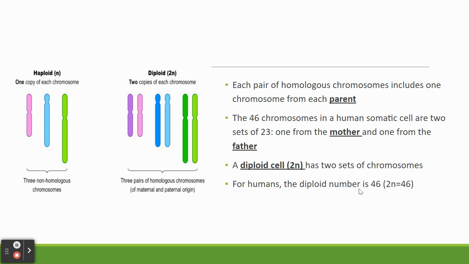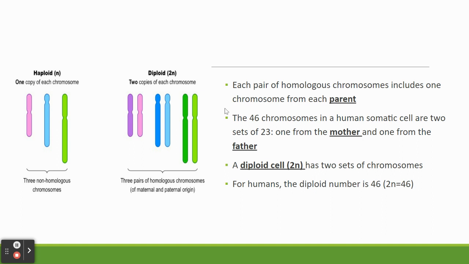A diploid cell is going to have 2 copies of each chromosome. We call it 2N. N is usually a chromosome. If there's 2, that means diploid. Di means 2. The stem di means 2. Hap means half. So that means you have 1 instead of 2.